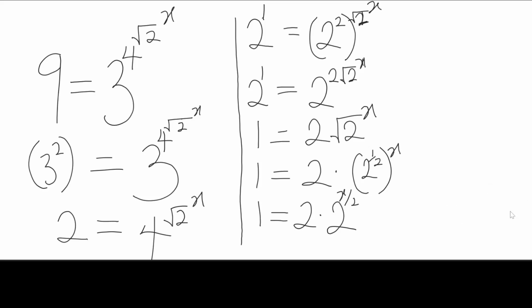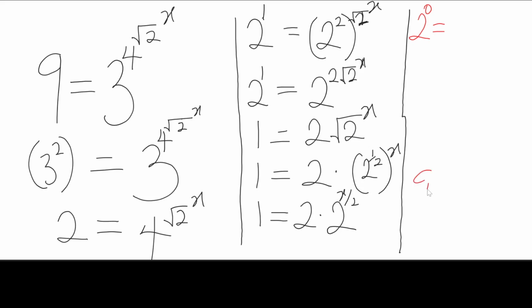So let's continue from here. I'm going to be having 2 to the power of 0, because any number to the power of 0 gives 1. So instead of writing 1 here, I'm going to be writing 2 to the power of 0. So I have 2 to the power of 0 equals, then I'm going to be multiplying 2 and 2 to the power of x over 2, because they have the same base.